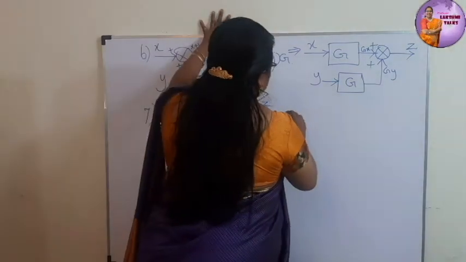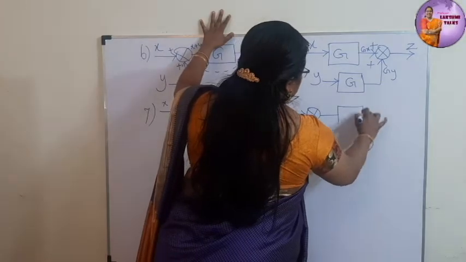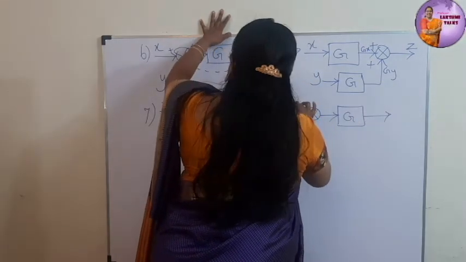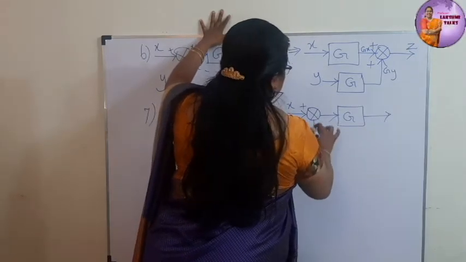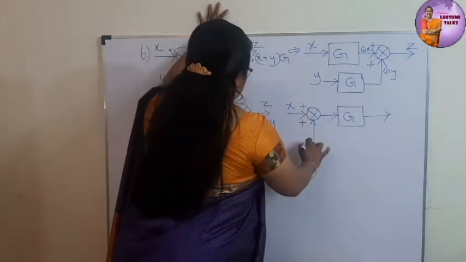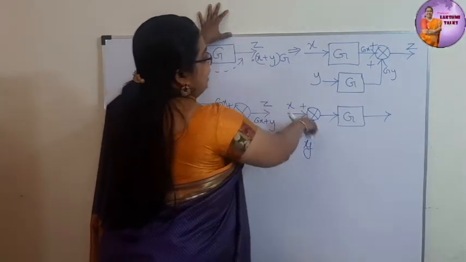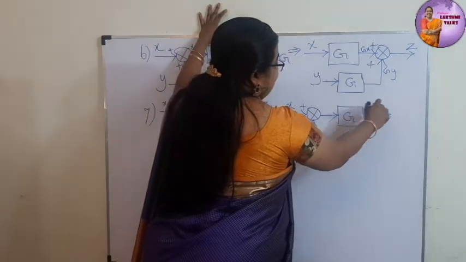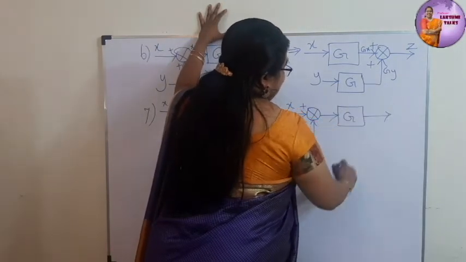Now this is X and this is Y. X plus Y will be given as input to G. So the output will be Gx plus Gy, right?